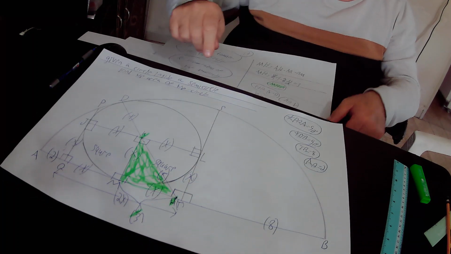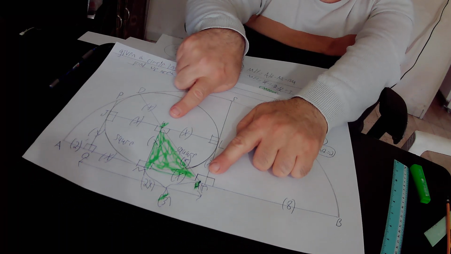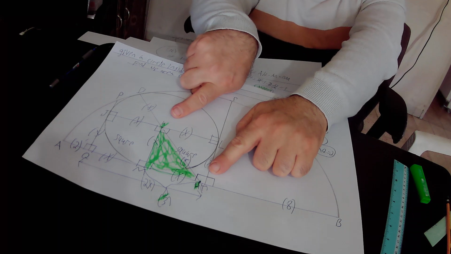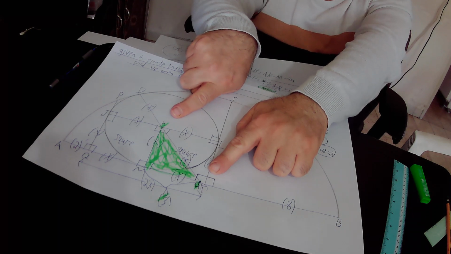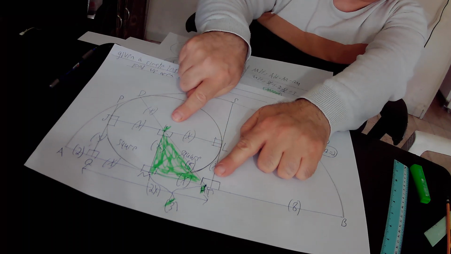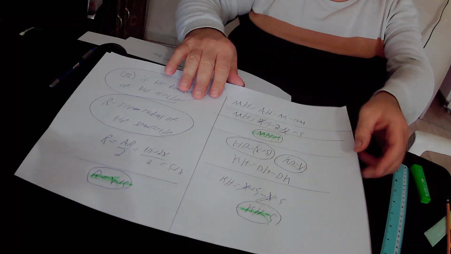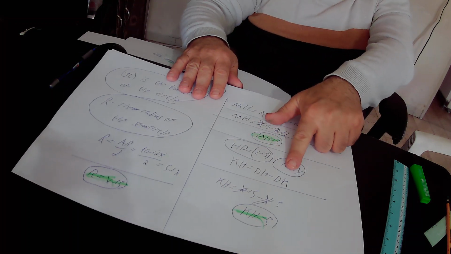Therefore, the missing side KH equals DH minus DK.